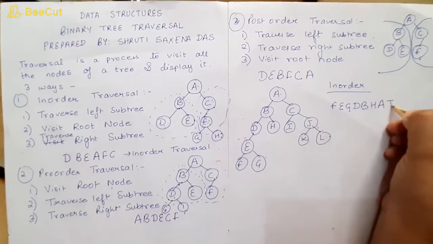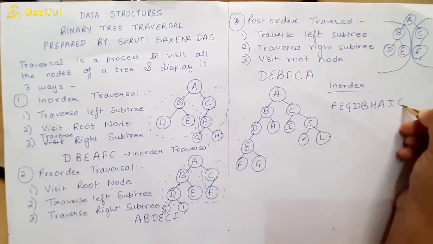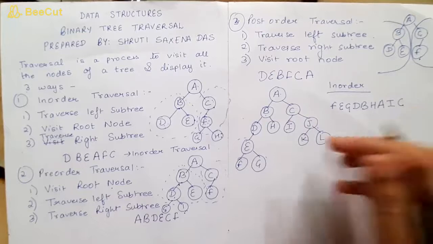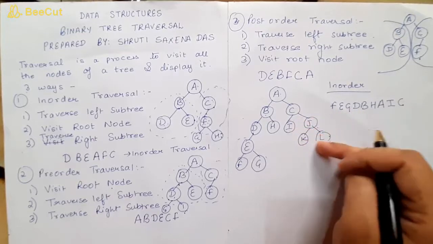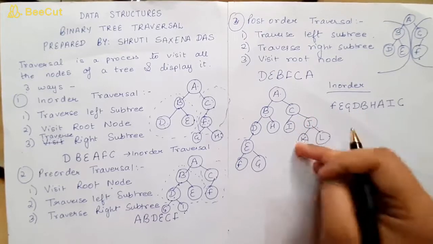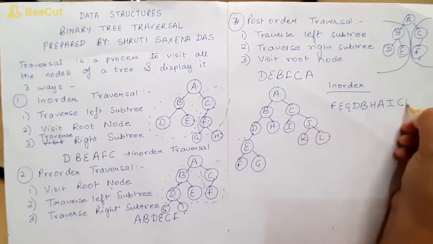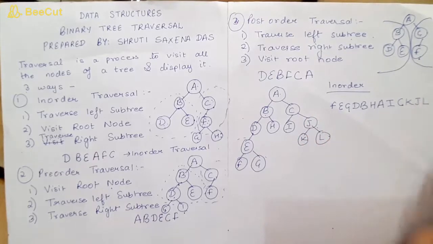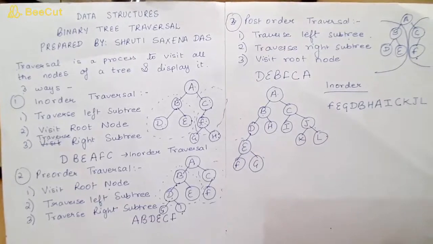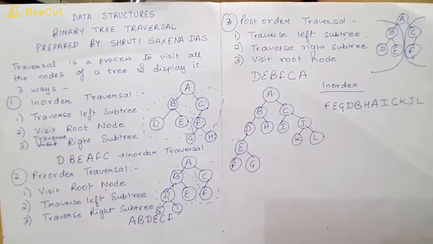Left is I, root is C, and right is again a subtree. Again we'll apply the same algorithm, left, root, right. So K, J, L. This will be the traversing order if we are following the in order traversal scheme.